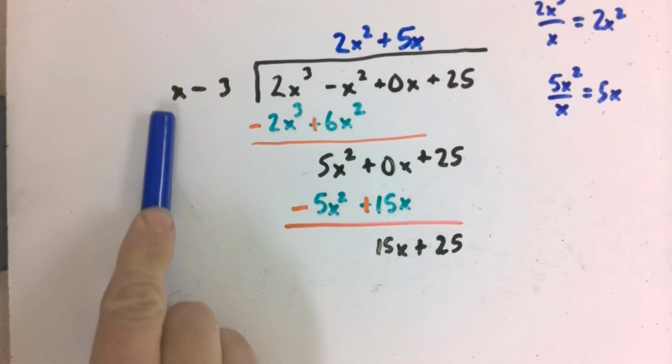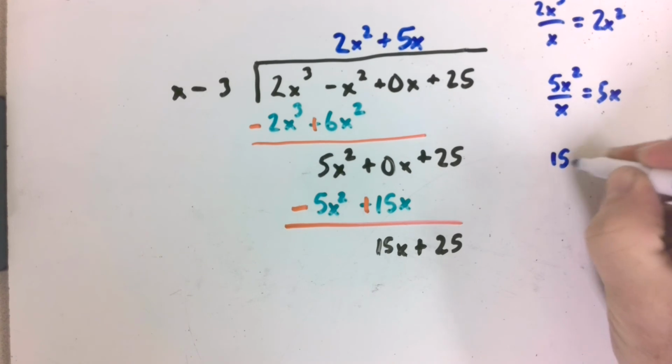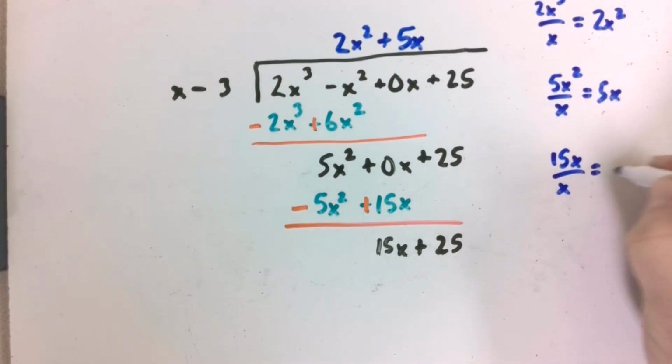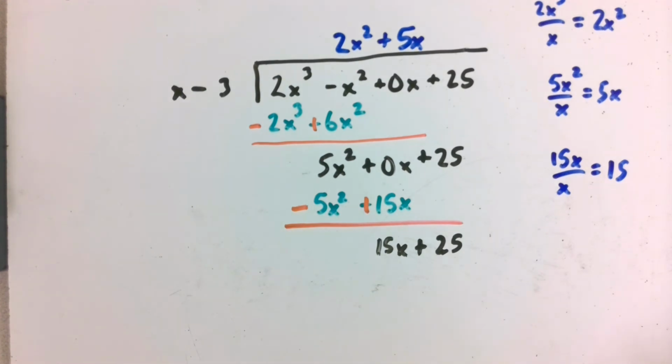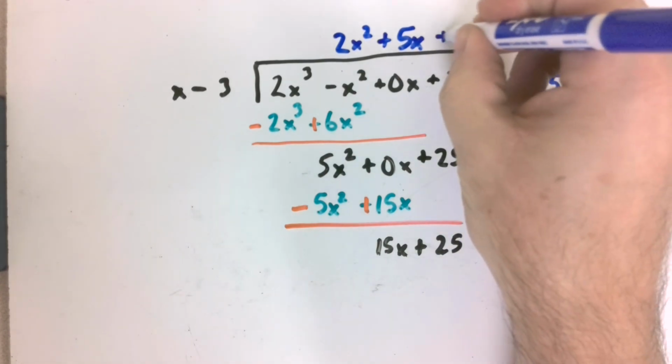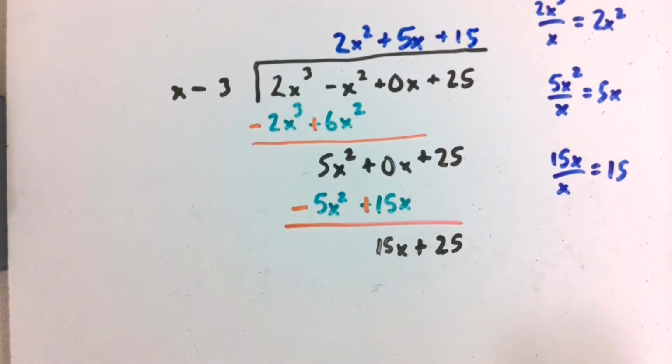So 15x divided by x is going to tell me what I need to write on the top. Again, you wouldn't have to write down each one of those each time, but just to show you where those numbers are coming from and from that we put up at the top. Lead term divided by lead term will tell you what it is you need to put up on the top. We need a plus 15 this time.